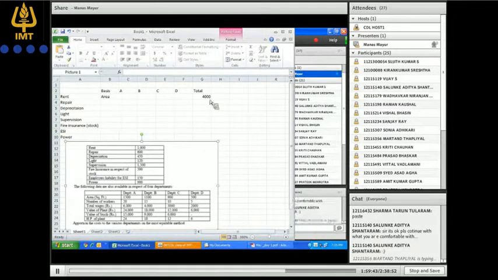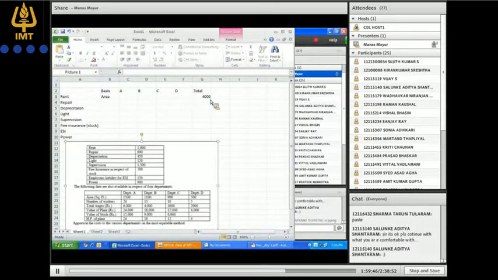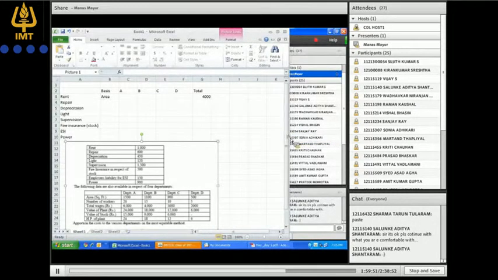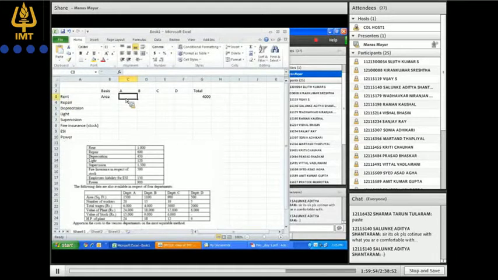Okay. So total area here is 4000, which is the addition of 1500 plus 1100 and 900 and then 500. Right. Now you need to find out in percentage how much A is occupying. So the percentage will be 1500, which is the area of A, divided by the total, into 100. So you can see for A it's 37.5% of the total area. For B it will be 1100 divided by total area into 100.